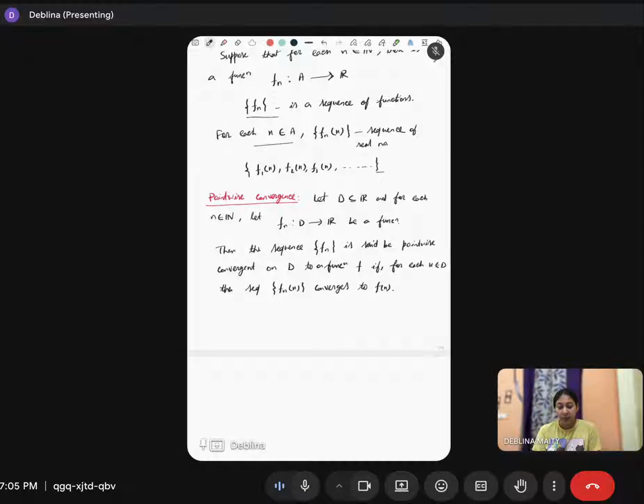If for each x this sequence of real numbers fn(x) converges to f(x), then we say that fn converges to f pointwise.